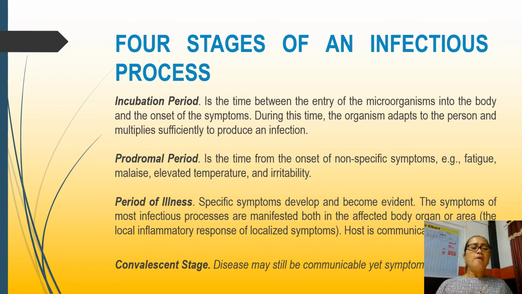Meaning, the symptoms of most infectious processes are manifested both in the affected body organ or area, where there is a local inflammatory response of localized symptoms. In this particular period of illness, the host is highly communicable. But in the case of COVID, once the microorganism enters you, you are already communicable. That is why you should be quarantined for 14 to 21 days.